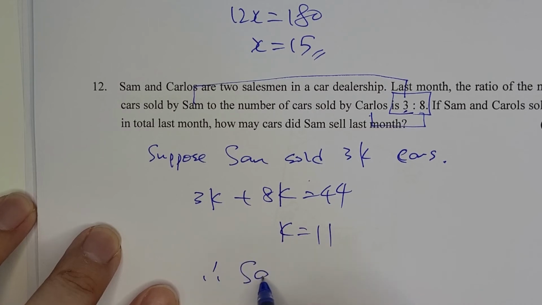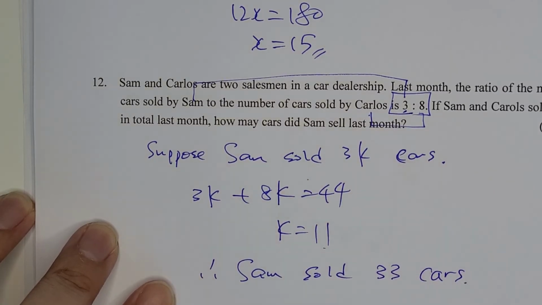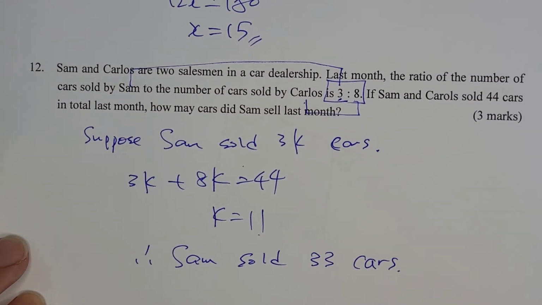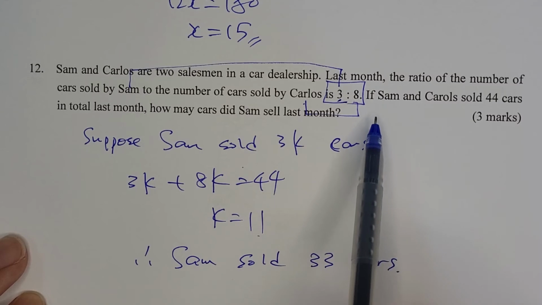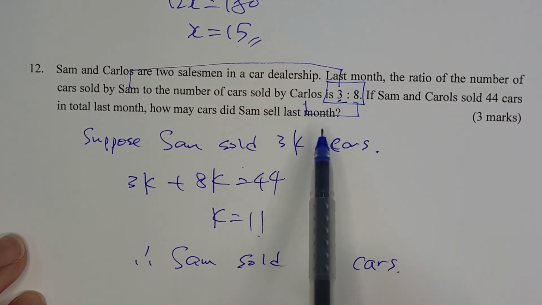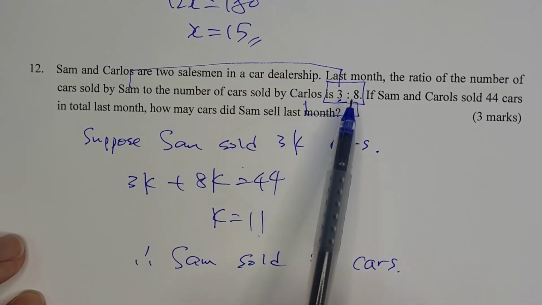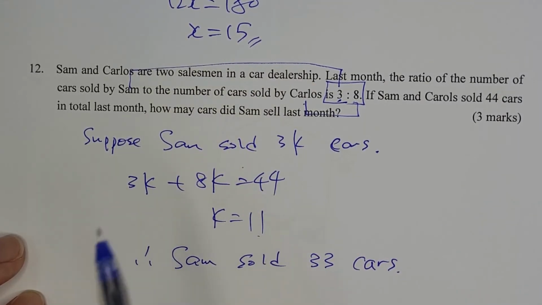Therefore, Sam sold 3 times 11, that's 33 cars. That's a very common method to solve this kind of word problem related to ratio. If the ratios are given, the K method is one of the good ways to do it.